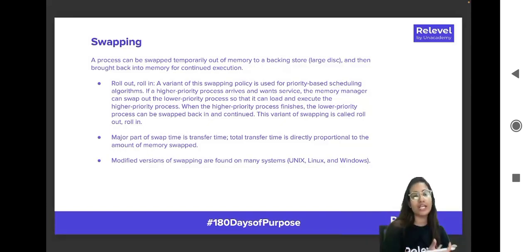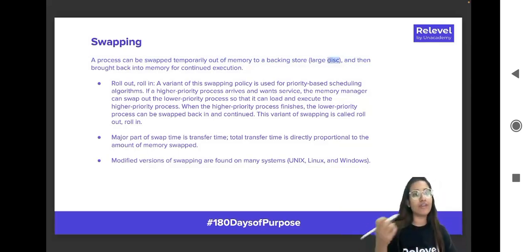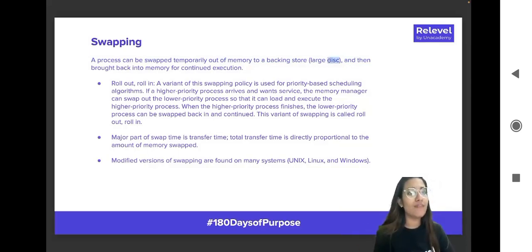It was initially in the large disk, the secondary memory, but now it has been taken into the primary memory. But it may happen that we temporarily swap out processes from the memory to the backing store, the large magnetic disk that we have. Then if in future the resources become available again, and no higher priority process comes in compared to the current process, that particular process can be brought back into memory and its execution can be continued.